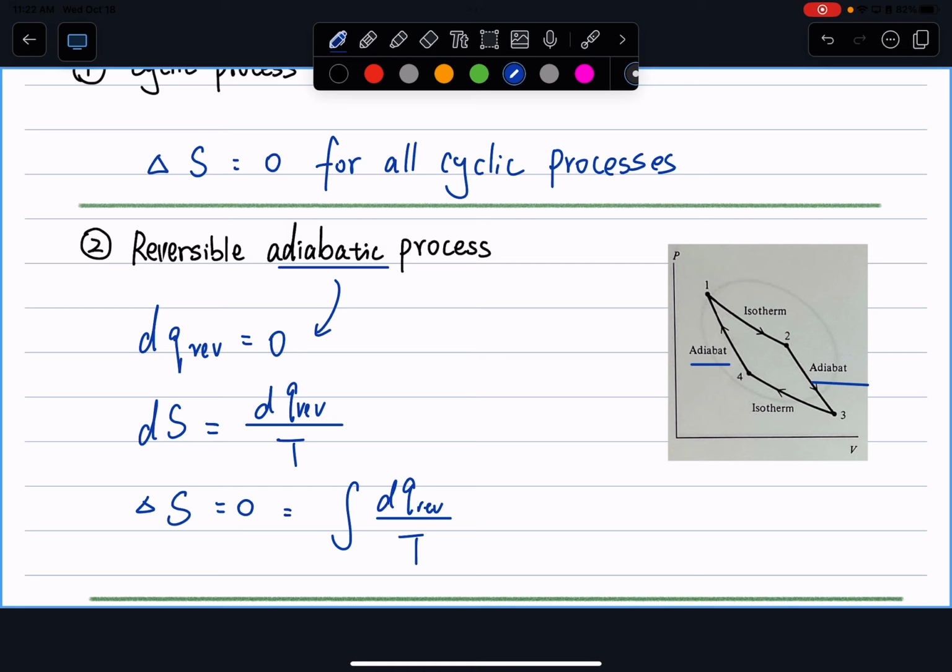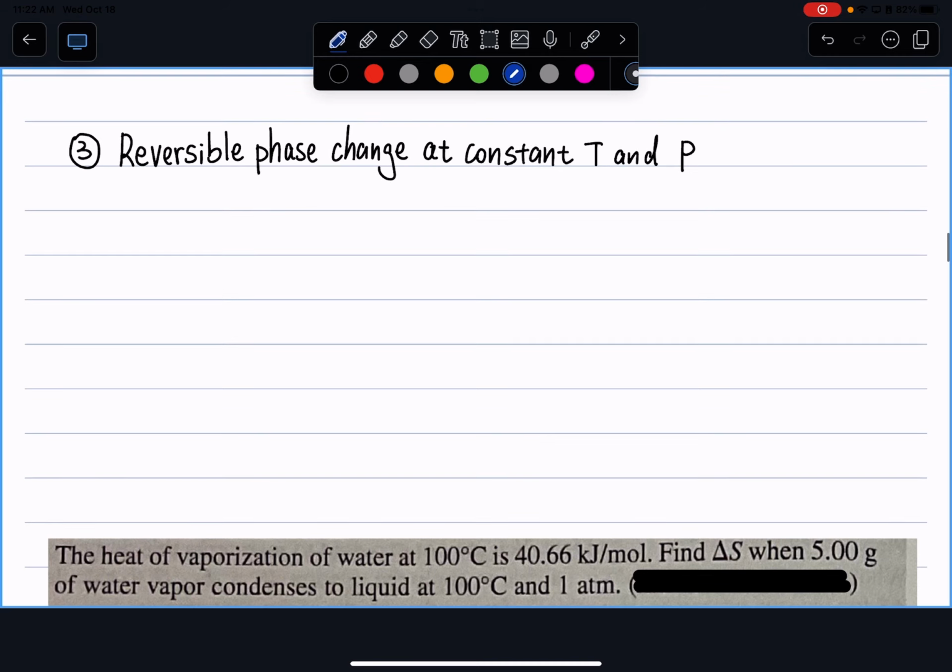Let's move on. Next one, we have reversible phase change at constant temperature and pressure. So that means, for example, you have melting of ice at 0 degrees Celsius and 1 atmosphere, or vaporization of water at 100 degrees Celsius and regular atmosphere. So how do we calculate it?